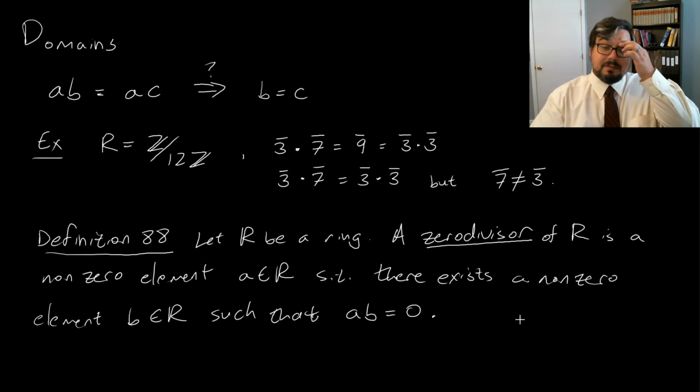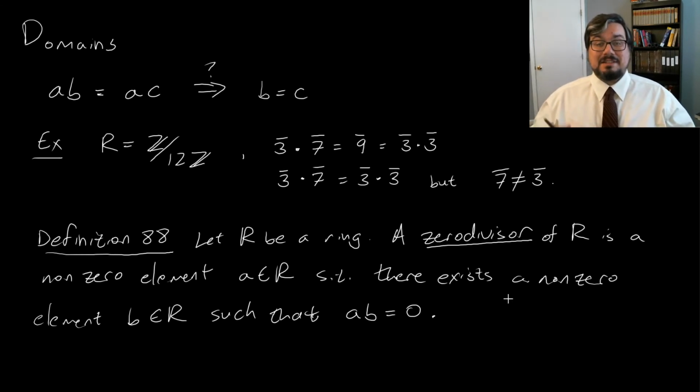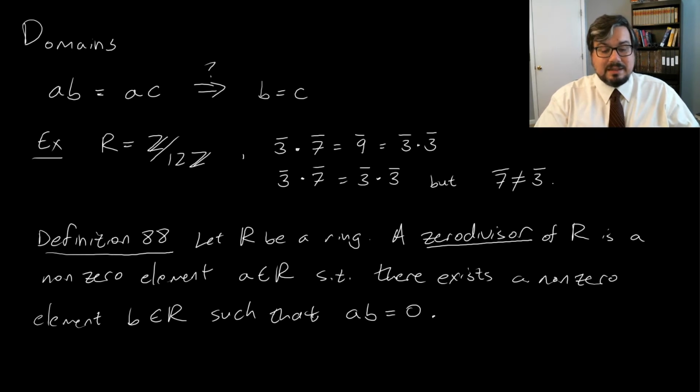So a zero divisor is something that's not 0, such that you can multiply it by something else that's also not 0, but the result gives you 0 back. Now this is not something that we encounter often when working in the integers or the real numbers or many of the other fields that we're used to working with, but it turns out that that's because these rings don't contain zero divisors, and that makes them special, and that's what we're going to be moving towards.